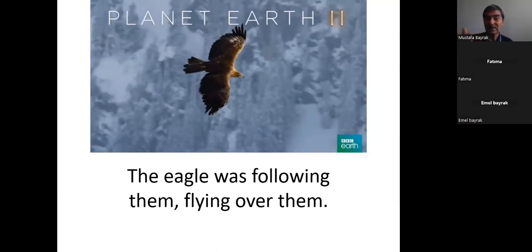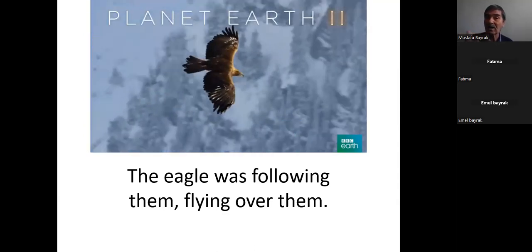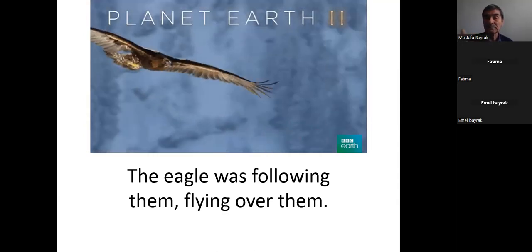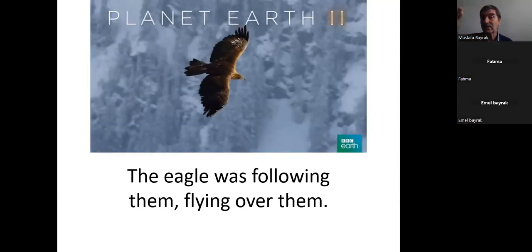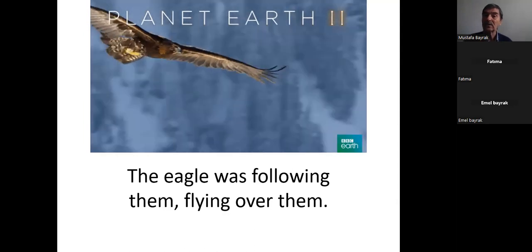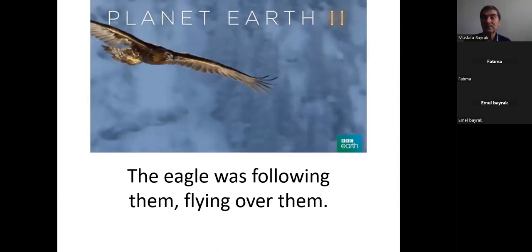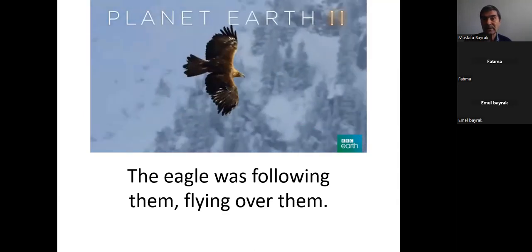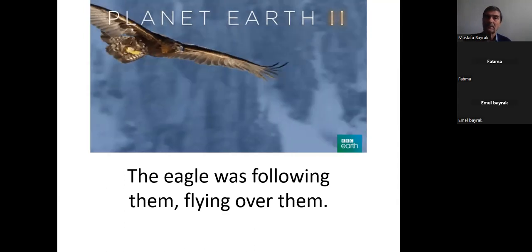The eagle was following them by flying over them or while flying over them. The eagle was following them and it was flying over them. I think you feel that this is the most practical form of English: the eagle was following them, flying over them.